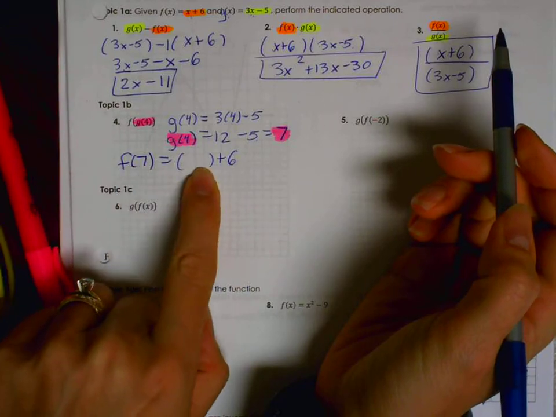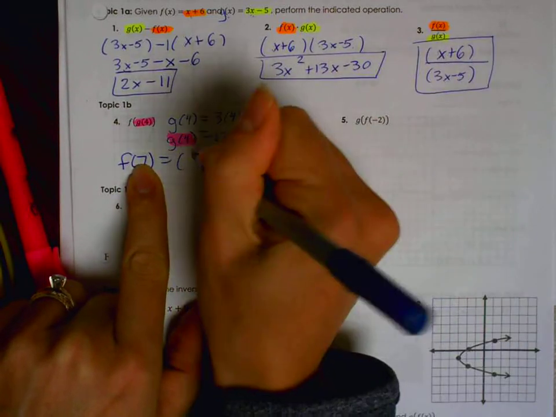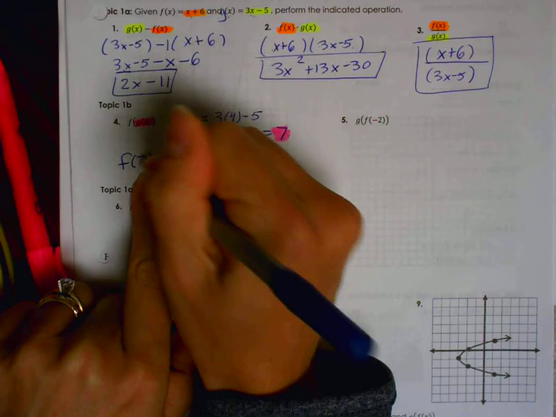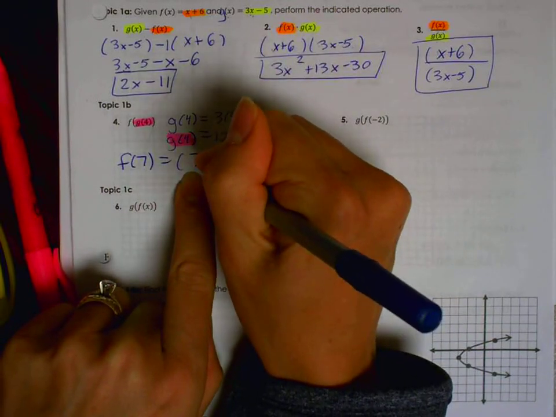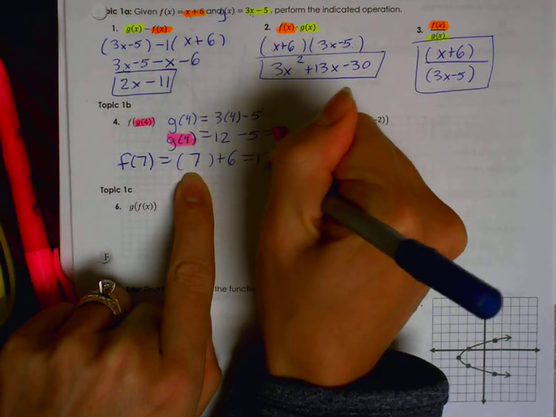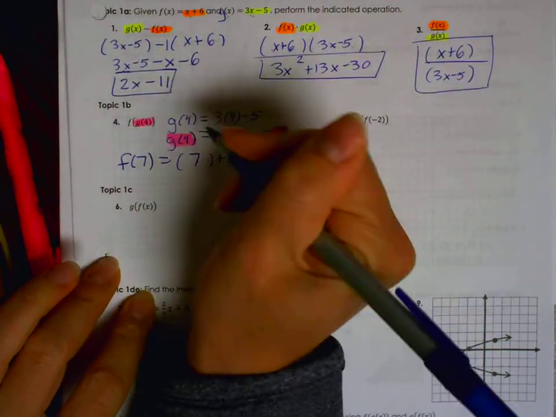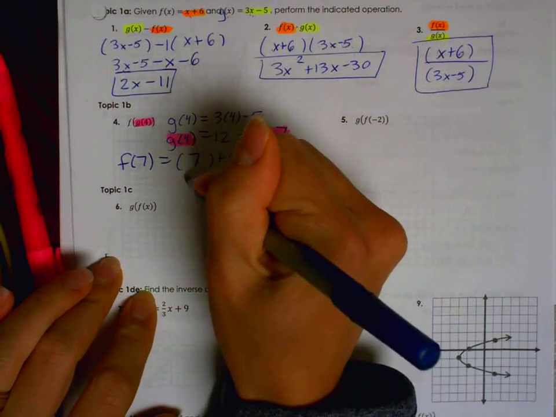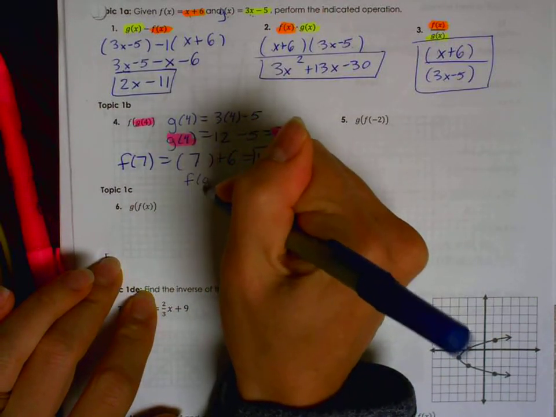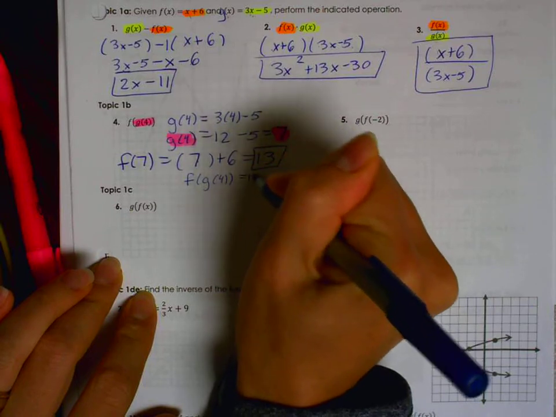So I'm going to put this empty parentheses in, replace x with 7. So f of 7 is 7 plus 6, or 13. And so this is actually f of g of 4 equals 13.